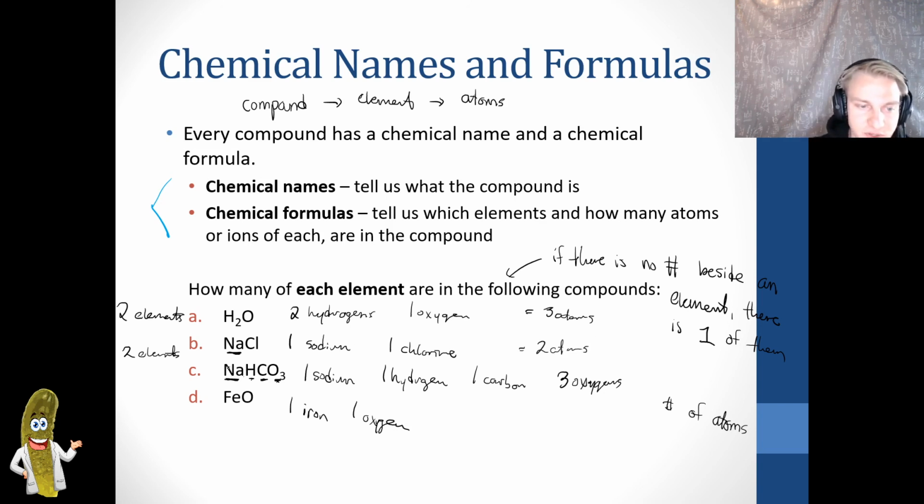This next one's kind of confusing. NaHCO3. We see 1, 2, 3, 4 different capital letters. So I know that this is made of 4 elements, but it's made of 1 sodium, 1 hydrogen, 1 carbon, and 3 oxygens, which means that this is 6 atoms that it's made of. And then this last one, FeO, 2 different capital letters, so 2 elements, 2 different atoms.